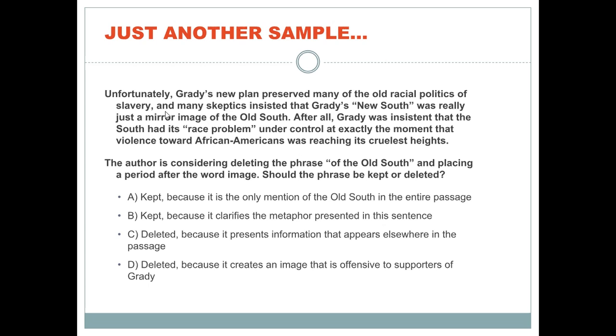If we delete the phrase and we put the period there, you're left saying a mirror image of what? It's not clear from the sentence. And again, mirror image is a metaphor, so this seems to work. It clarifies the metaphor, and it does seem like this phrase should be kept, because if we delete it, we're left saying of what? So B seems the best answer so far.